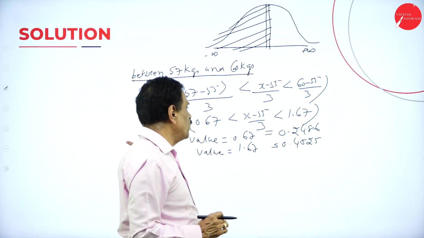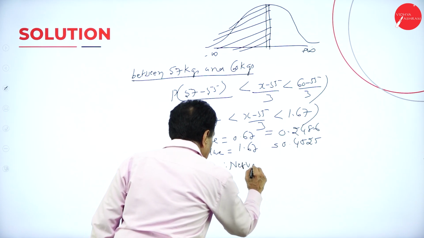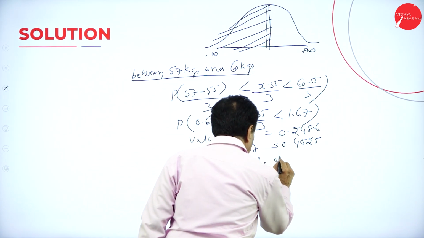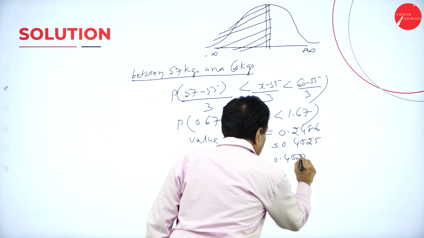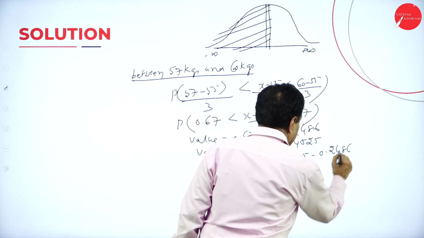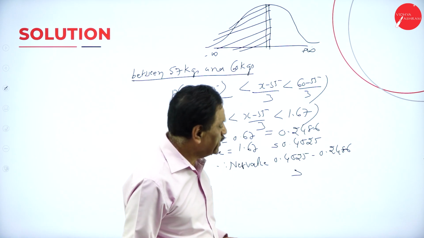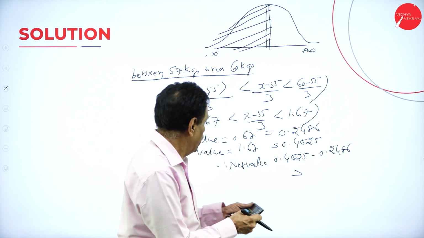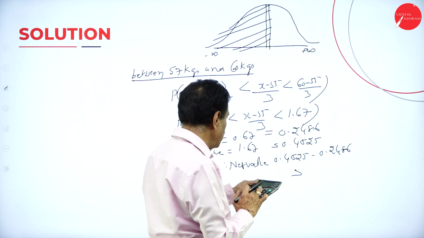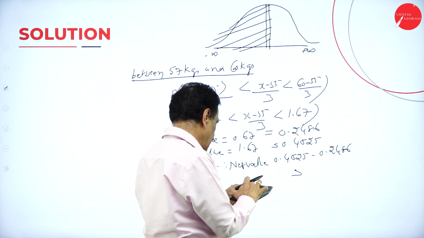From the highest value, deduct the lower one. So net value: 0.4525 minus 0.2486.